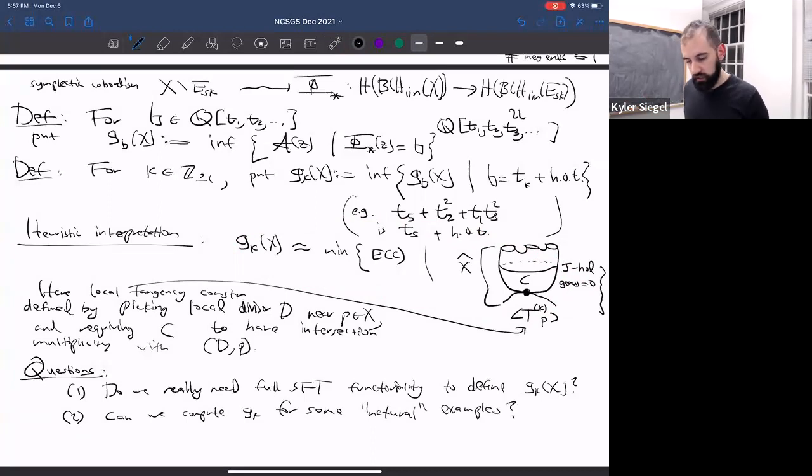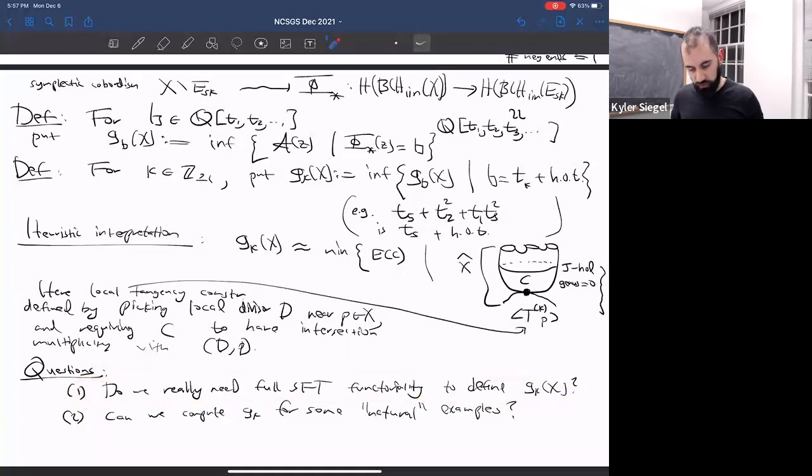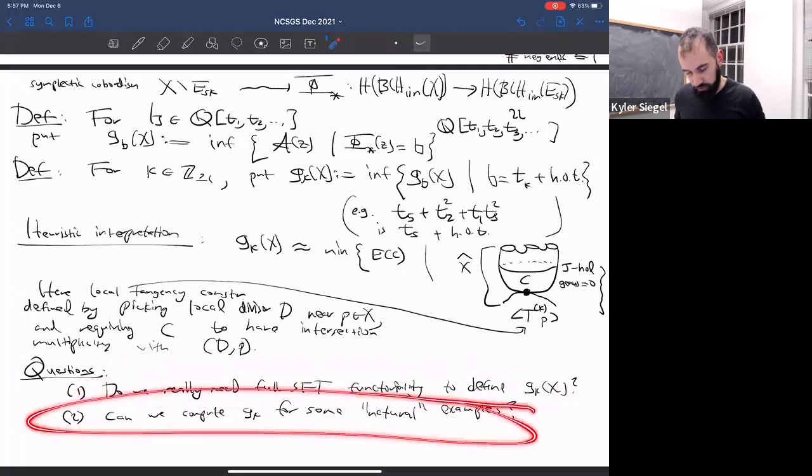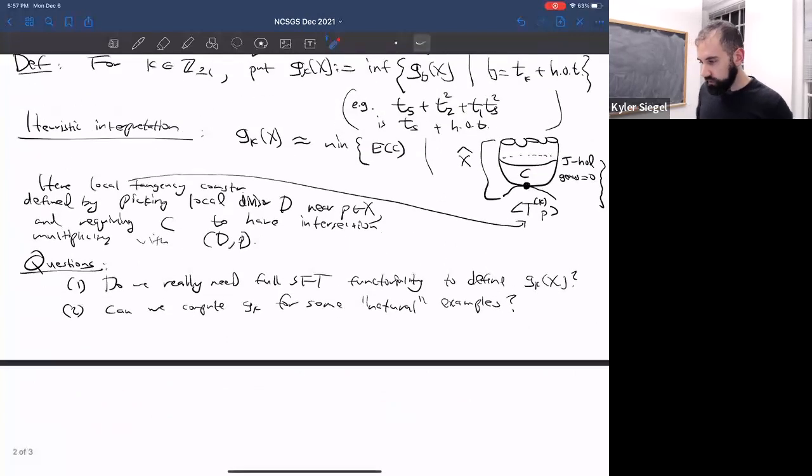In some sense, I would say these questions are related because if you had some more direct geometric way of understanding this capacity, then that might also give you an easier route to computing examples. Okay, and that is indeed what happens.